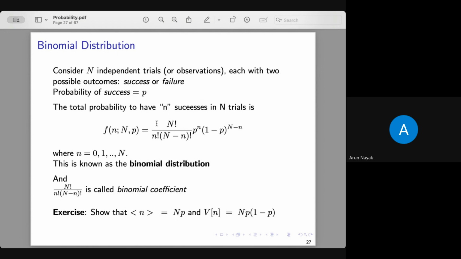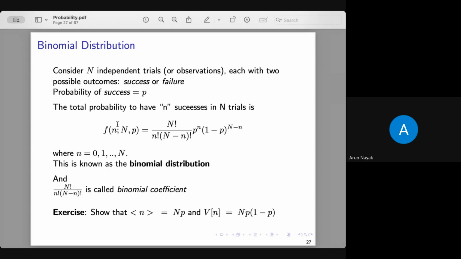That will give us the binomial coefficient, which is n factorial over small n factorial times n minus n factorial. That's like nCn, the number of combinations, right? And so this gives you the binomial distribution.